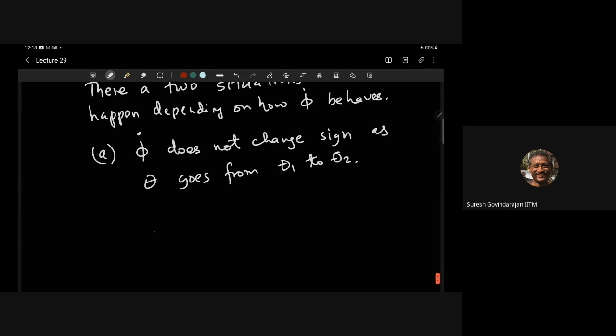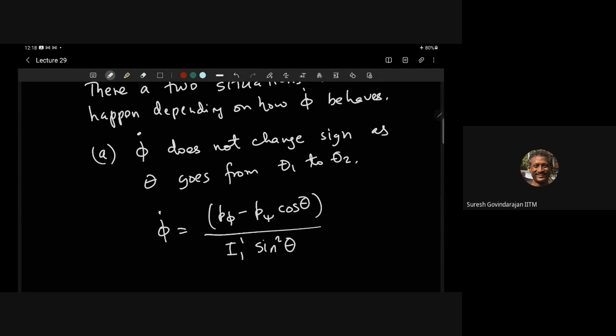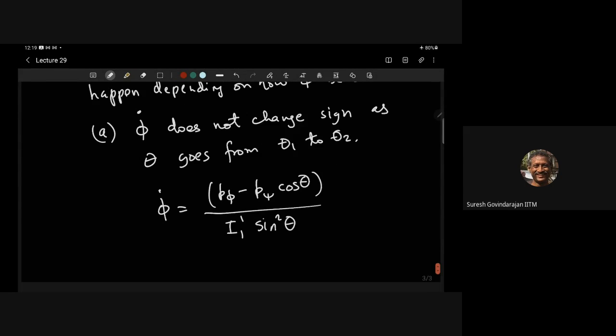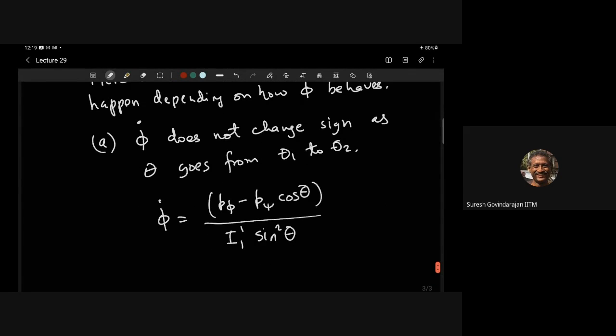Okay, so let's look at phi dot. What was the formula for phi dot? It was p phi minus p psi cosine theta divided by some constants, right? So I1 prime sine square theta. Okay, so the denominator is always some positive number.